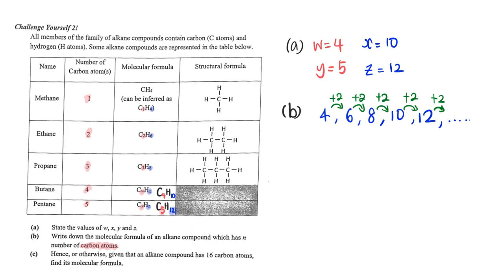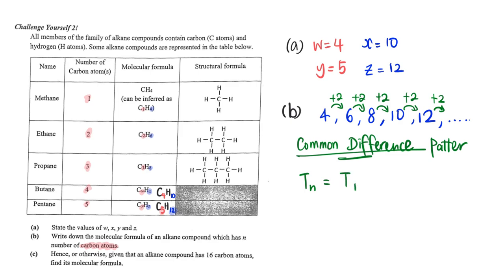This means that this is a common difference pattern. And once we have ascertained that this is a common difference pattern, we could tap on this formula to help us get the nth term for hydrogen atoms here.